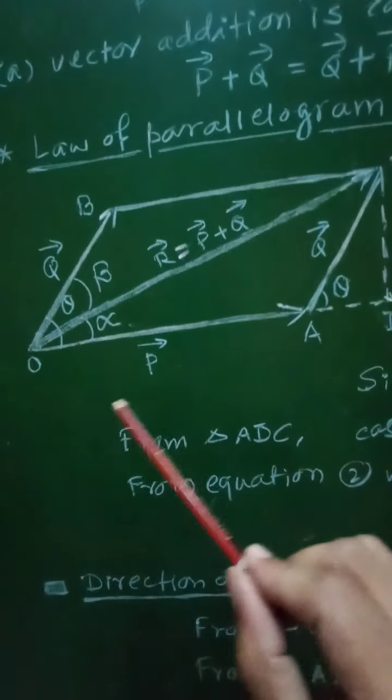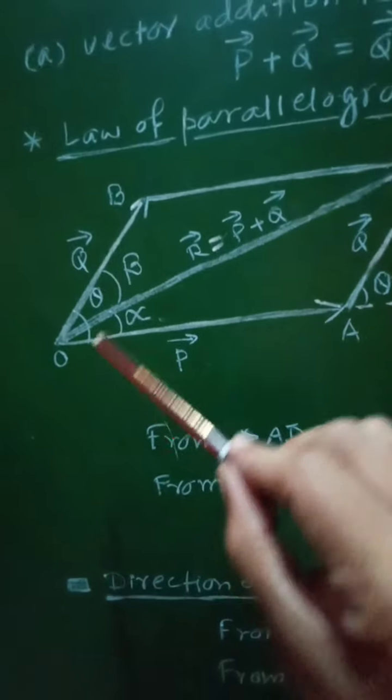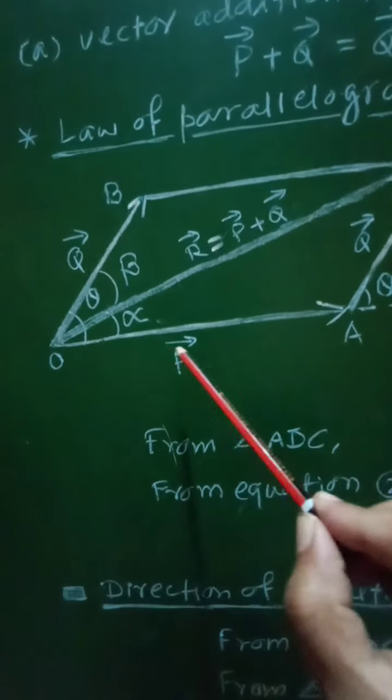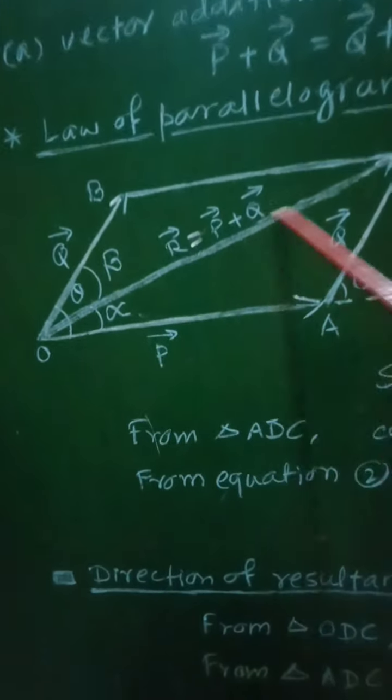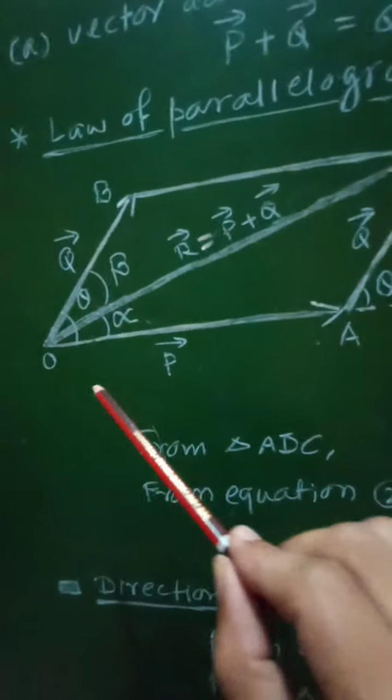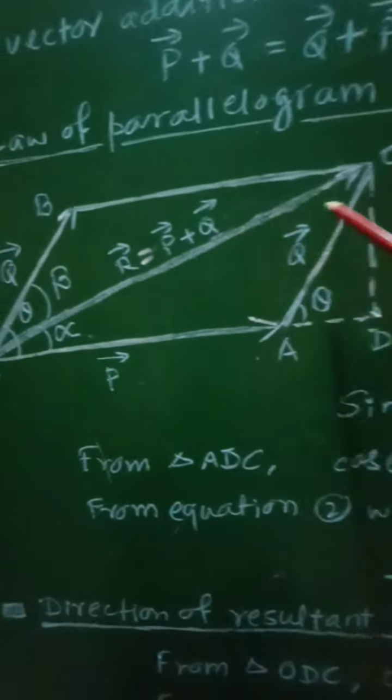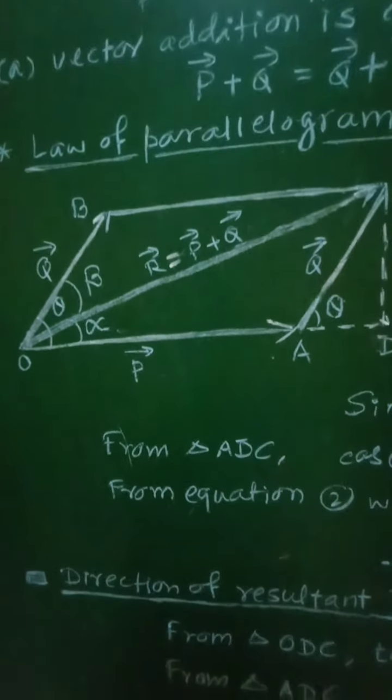So let OA be equal to vector P and OB equal to vector Q. Considering these two vectors, let us complete the parallelogram, and we get OACB as the parallelogram.